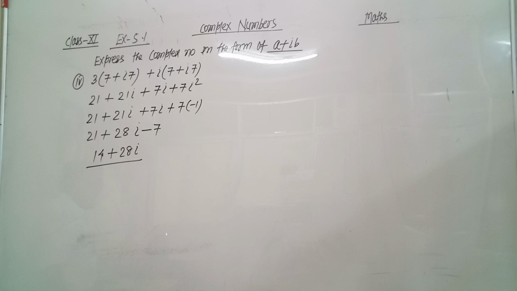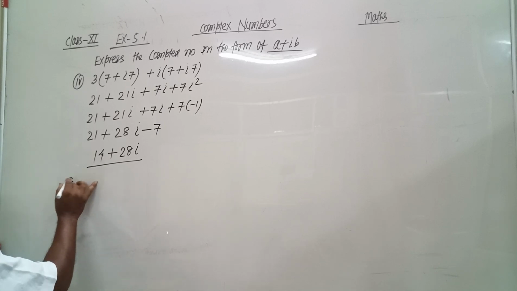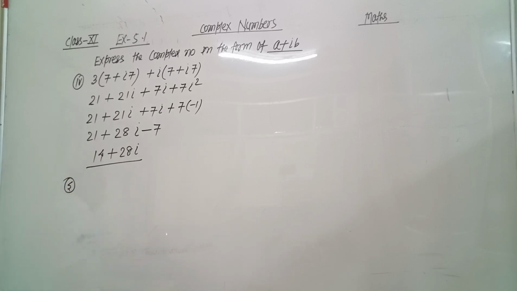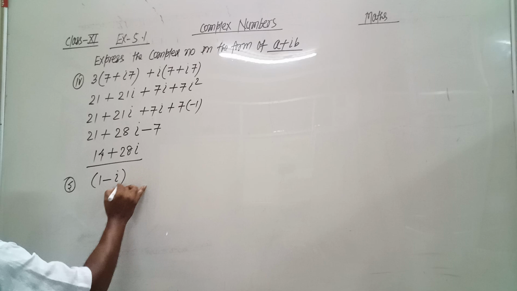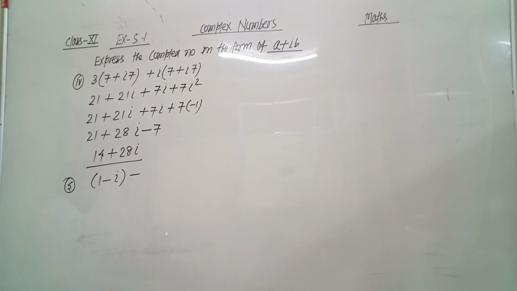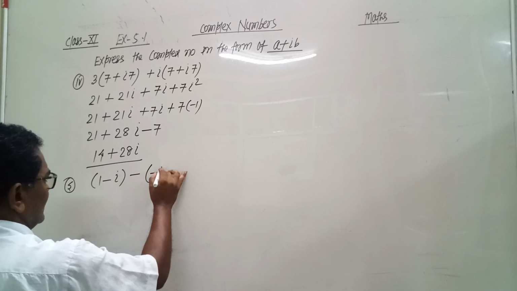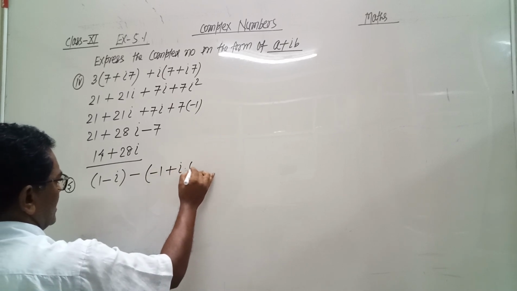Now its fifth part is (1 minus i) minus (minus 1 plus i6).